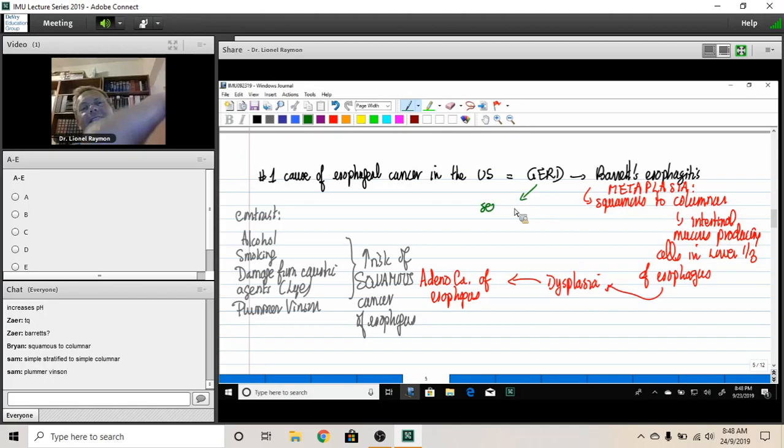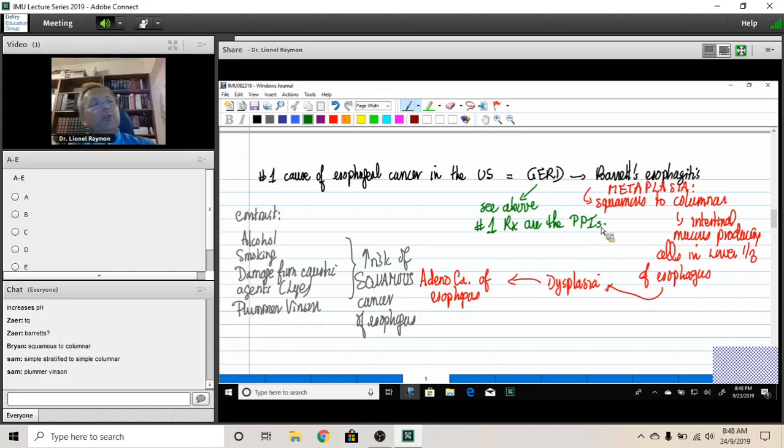I'm going to say, see above, number one treatment are the proton pump inhibitors. So proton pump inhibitors are used both for peptic ulcer disease and for gastroesophageal reflux disease. They're the most effective in the long run, of course, in that story. So that's obviously pretty good right there.